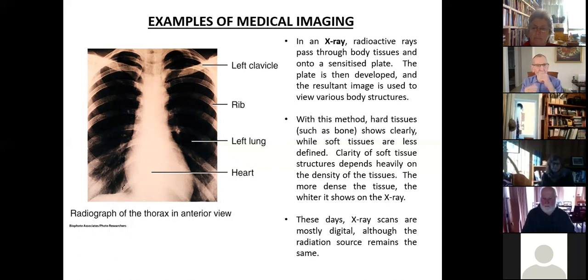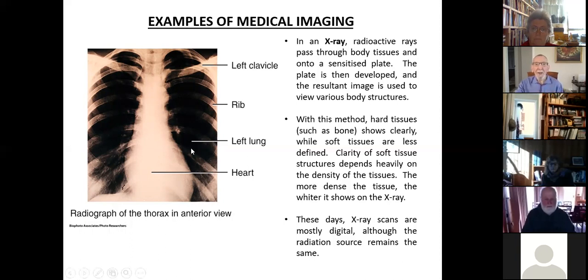Solid structures like bones tend to show up fairly well because they block the X-rays. In this particular image, this is the heart in the chest, just behind the sternum. The heart shows up white simply because it is very dense muscle and is full of blood, hopefully. So it also shows up white.